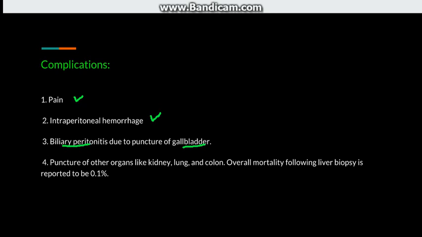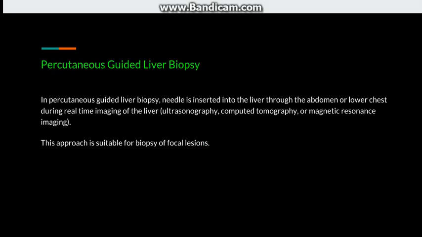Okay, now going to the second method, that is percutaneous guided liver biopsy. First one was blind liver biopsy. Now in this, as the name suggests, the needle is inserted into the liver through the abdomen or through the lower chest, and it is done during real-time imaging of the liver, using ultrasonography, CT scan, or MRI.